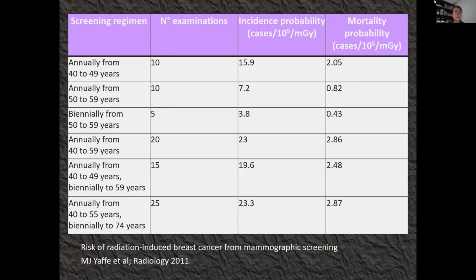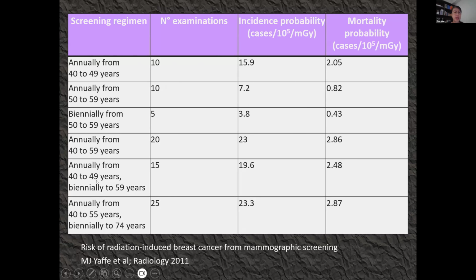In this other paper, which looked at different screening regimens, if she starts at 40 and screens annually with a total of 10 mammograms, the incidence per 100,000 is 15.9. If she starts later, so 10 years later from 50, then the incidence drops. If she does biannual screening, then this is roughly about half of the previous incidence.